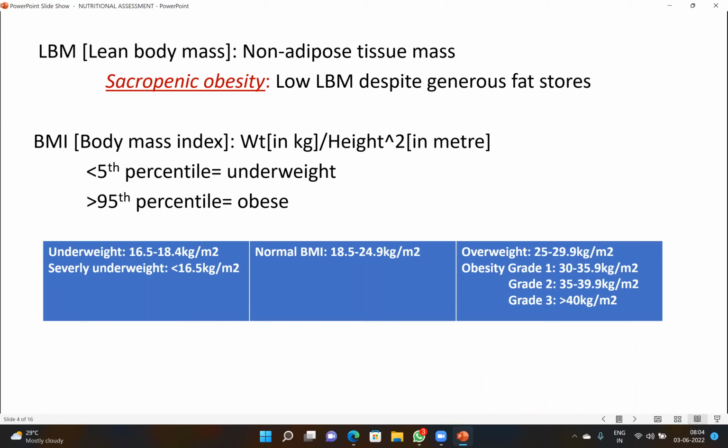Normal BMI is 18.5 to 24.9 kg per meter square. 16.5 to 18.4 is underweight and less than 16.5 is severely underweight. 25 to 29.9 kg per meter square is overweight, and more than 30 is obesity, with obesity grading being grade 1 at 30 to 35.9, grade 2 at 35 to 39.9, and grade 3 more than 40.